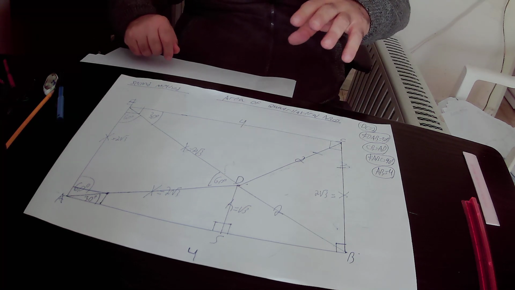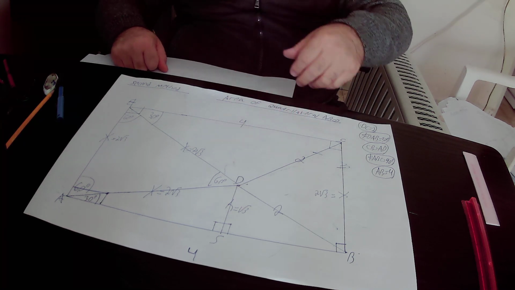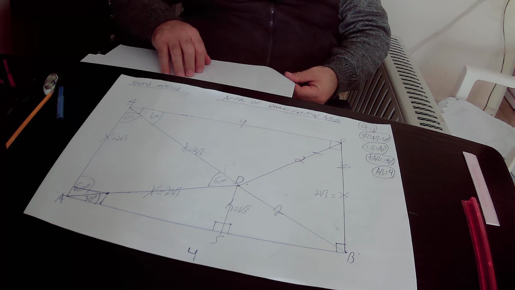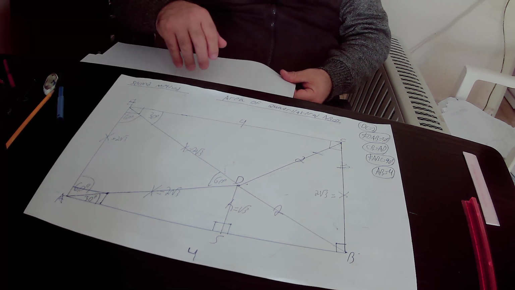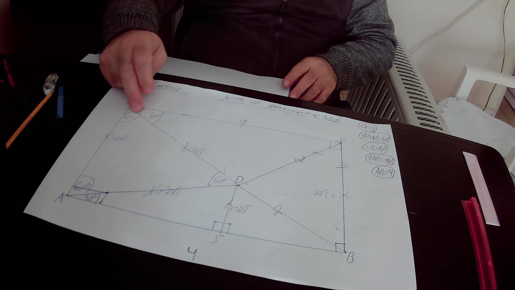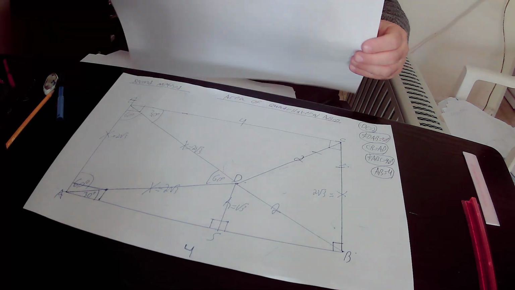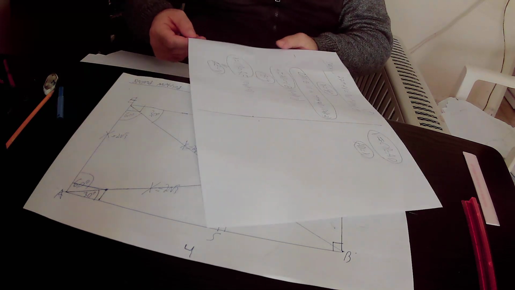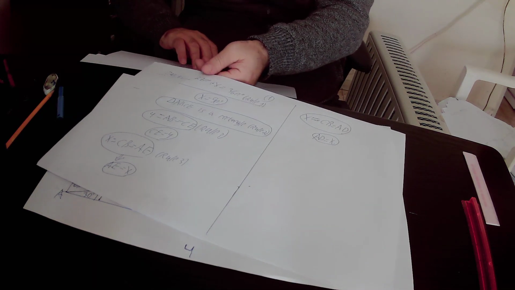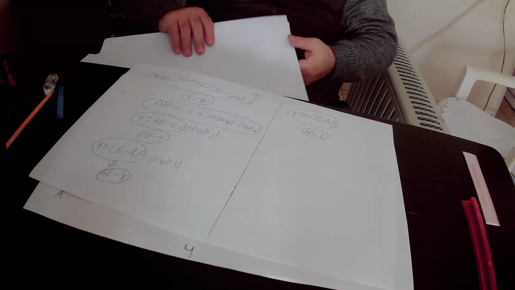Actually, we created here quadrilateral ABCE. Quadrilateral ABCE has 3 right angles. We define this angle as X, and we note that the sum of the angles in any quadrilateral is equal to 360 degrees.